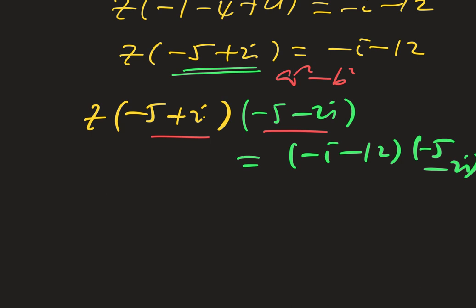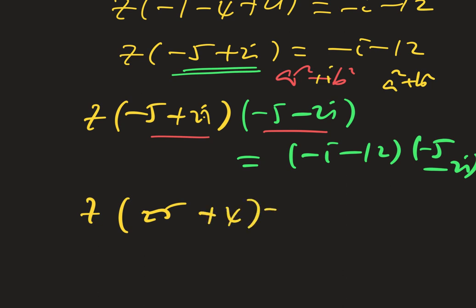If you're not familiar, go back to your O-level text. But this is with your i here, so definitely it becomes a. If let's say that is a plus ib times a minus ib, becomes a square plus b square. So this becomes z 25 plus 4 equals to, you need to multiply in.